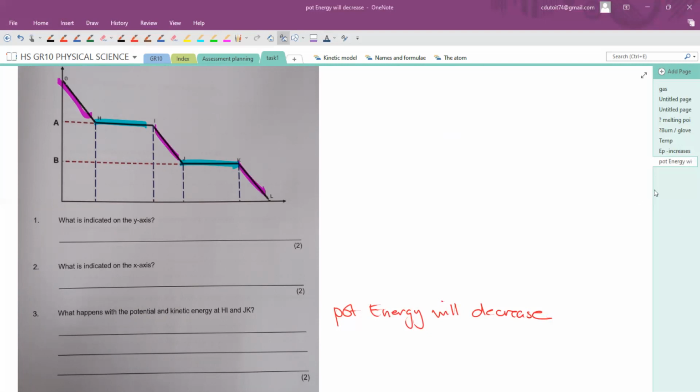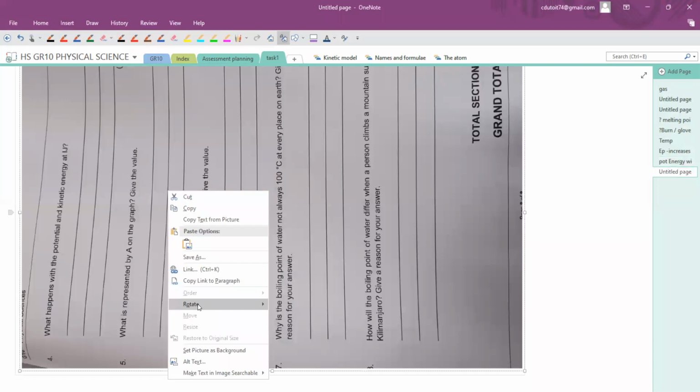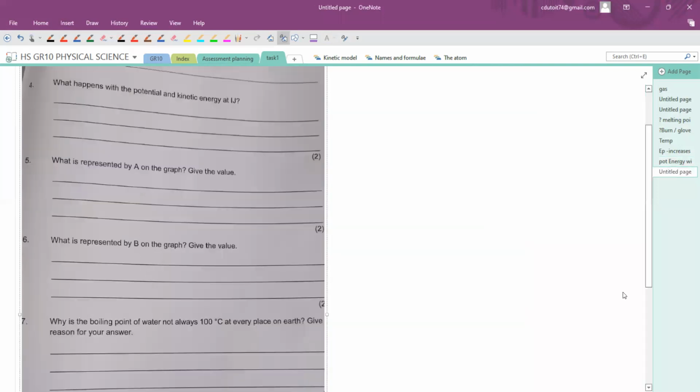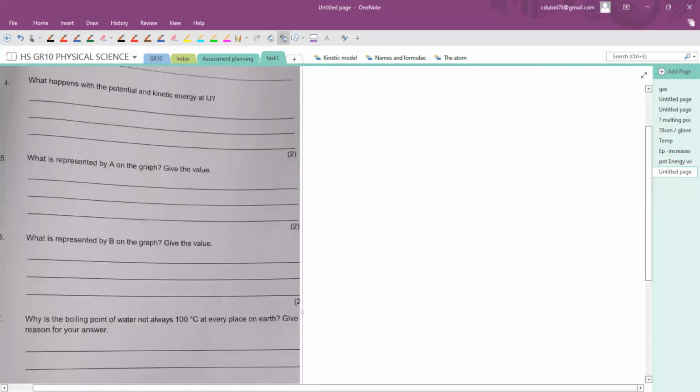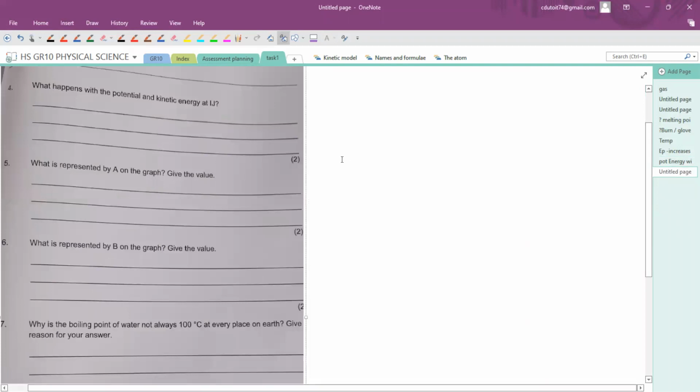This is the last page. So I'm just going to copy that graph again.